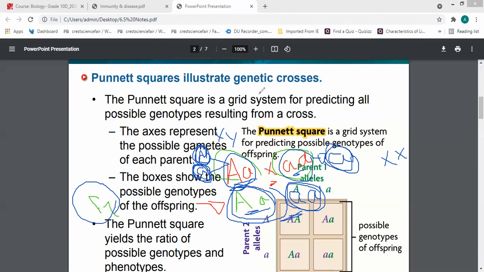The second point: the crossing between two parents, one dominant heterozygous and the other homozygous recessive. The offspring in the first generation will have the probability of being homozygous recessive or heterozygous dominant, as in the example in front of you. It's clear?